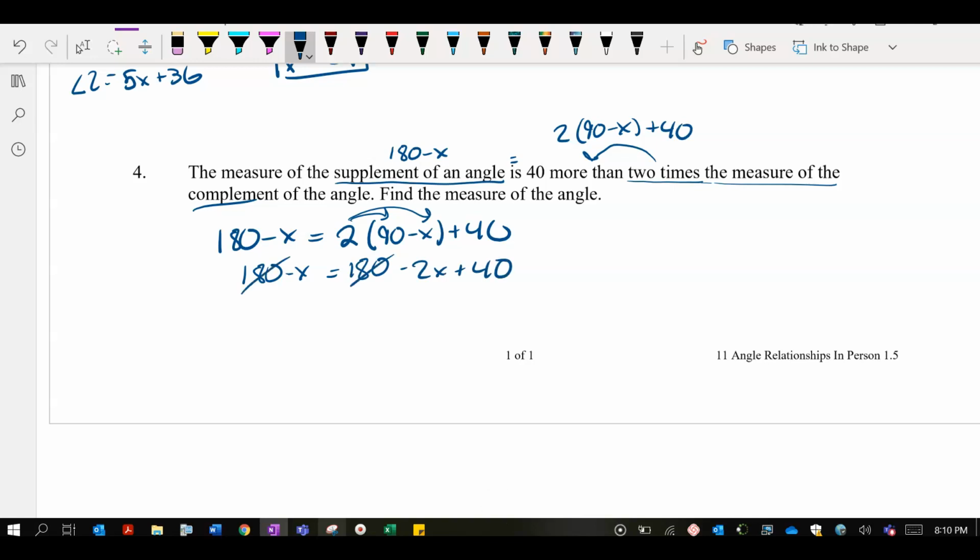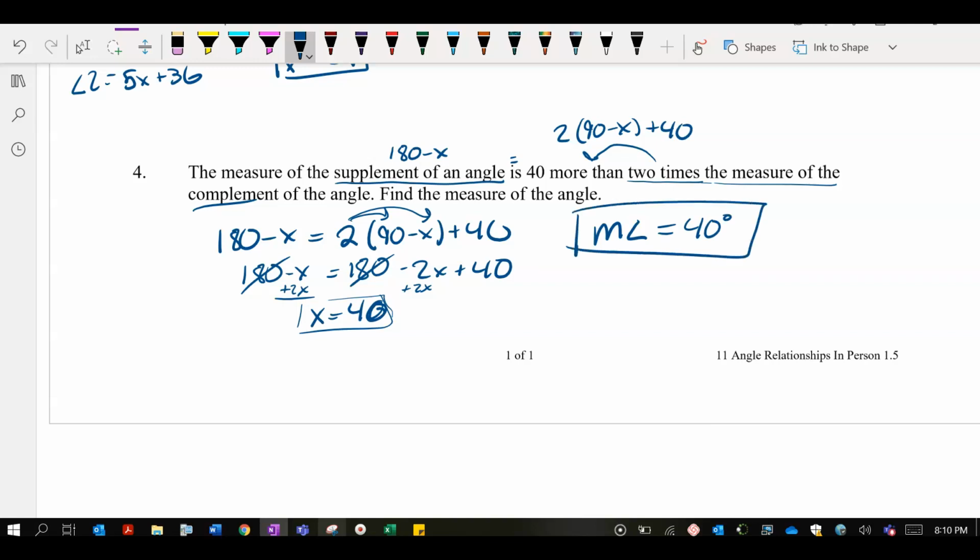I will add the 2x over, so x will equal 40. I'm adding 2x, those subtract, and you get 1. So then here, x equals 40. The question was asking, find the measure of the angle. So the measure of the angle equals 40 degrees.